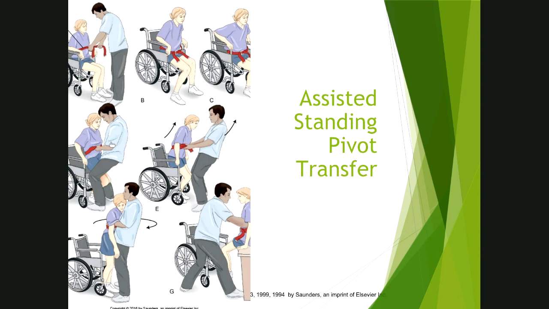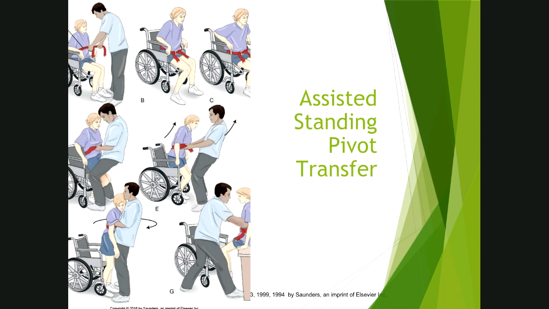He's assisting her and lifting her out of the chair, and then her center of gravity is close to his center of gravity. He's going to help her turn or pivot to put her backside to the table so that she can then sit or lie for the exam. So you're assisting them to stand and turn to get on the table.